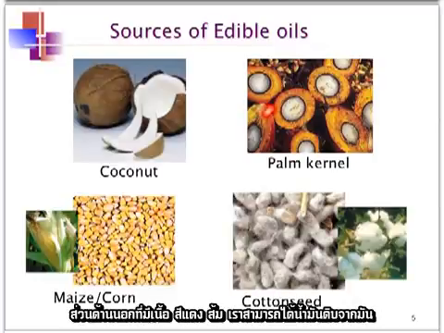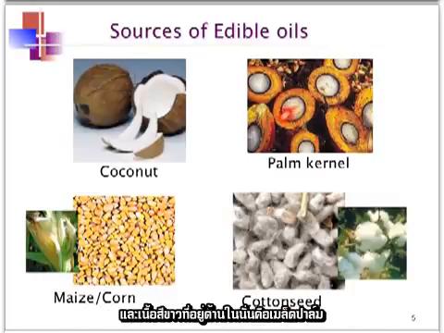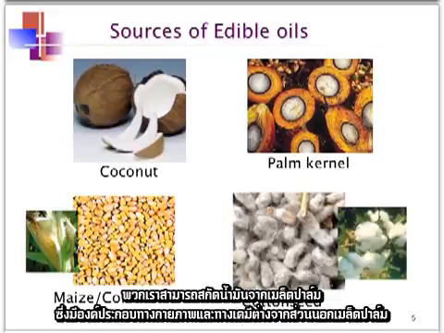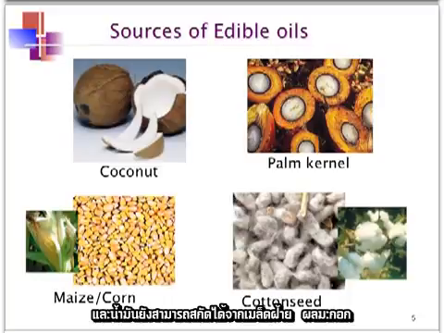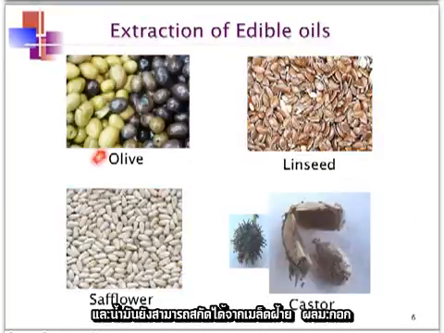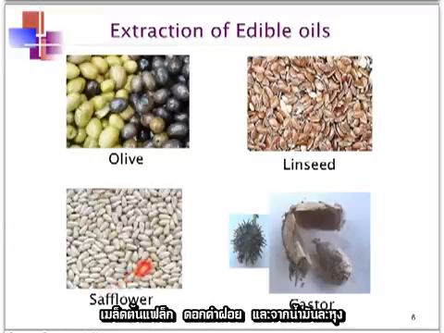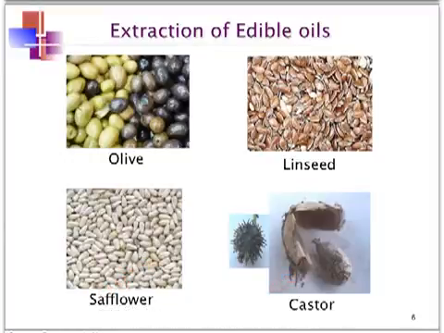The red, orange flesh outside is where we can get the crude palm oil, and the white flesh inside is actually the palm kernel, and we can extract the palm kernel oil, which has a different physical and chemical composition from the palm oil. Oil also can be extracted from corn, cotton seed, olive, linseed, sunflower, safflower, and castor oil.